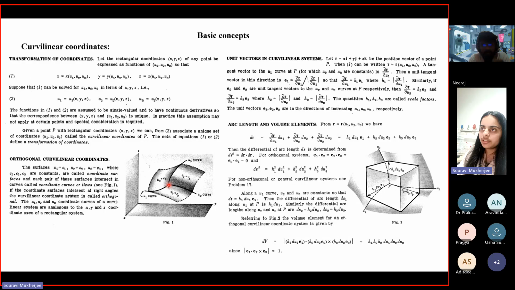Then you want to find how it varies along this one, or along this one, right? So for this, you try to find partial derivatives. Why partial derivative? Because what is this line? Suppose if you look at the U1 curve, it is the intersection of the surface where U2 is constant and the surface where U3 is constant.